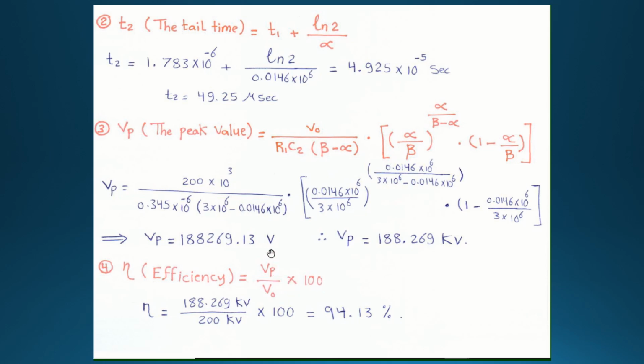The peak value here we just calculated, we got it as 188.269 kilovolt, and the V output is given in the question as 200 kilovolt. So we will multiply this by 100. If you use your calculator, you will get the answer as 94.13%. So now we have done question 7 from this tutorial.